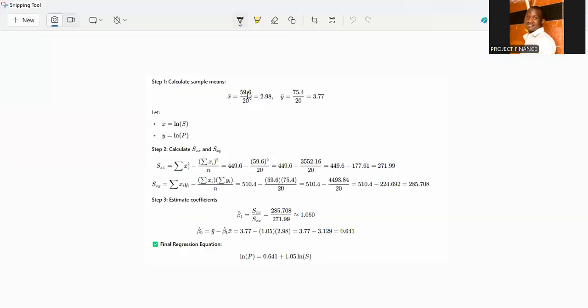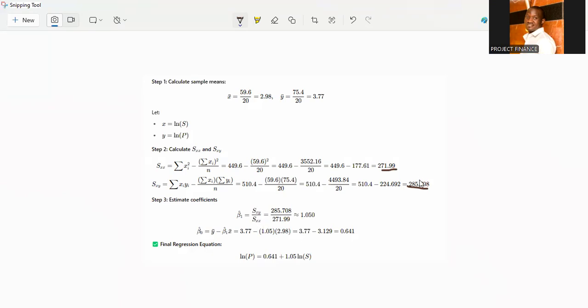So our values of x, the mean of x is 9.6 over 20. Our n was 20. Mean for y is 5.4 over 20. Then our summation of xx, we're already given this, so we calculate the value of xx, the value of yy, and the xy. Then the slope is simply given by xy over xx.